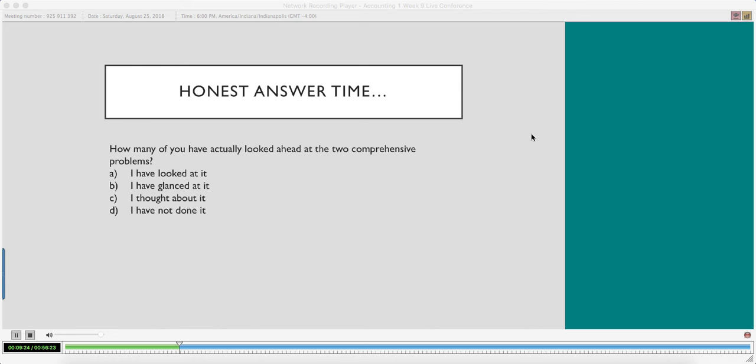Most of the answers I've been receiving are they have not even looked at it. They haven't thought about it. They haven't done it. So we're waiting for one student to answer.